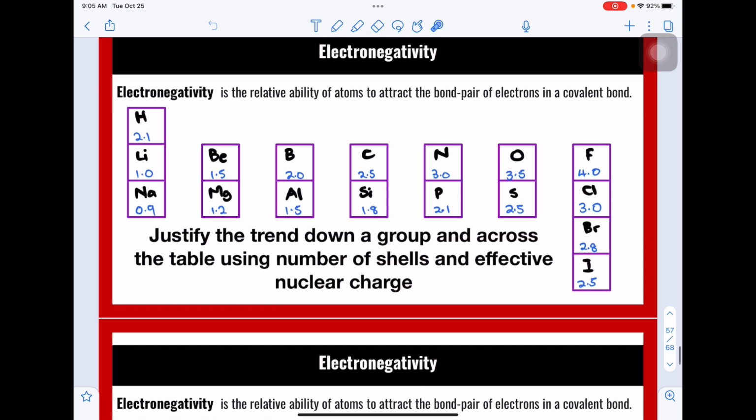So what is electronegativity? Electronegativity is actually used to explain a lot of the other physical properties. Itself, the definition is the ability of atoms to attract a bonded pair of electrons in a covalent bond. If we have, say, chlorine and chlorine bonded together, there are two electrons that are being shared, one from this chlorine and the other one from the other chlorine.